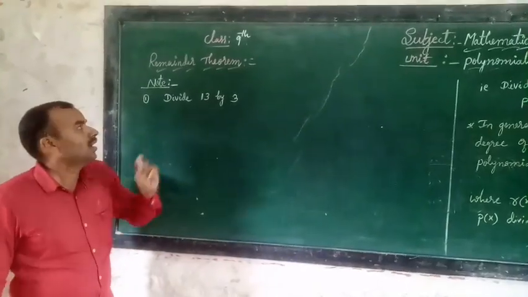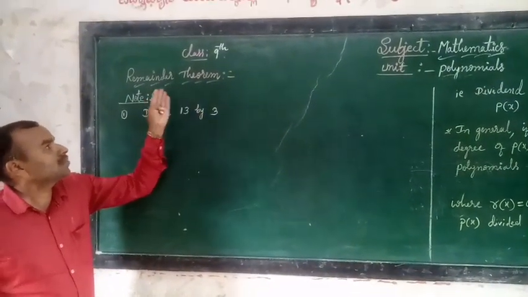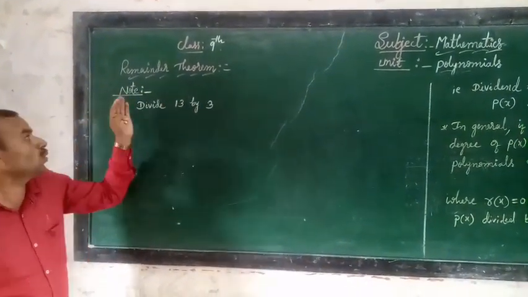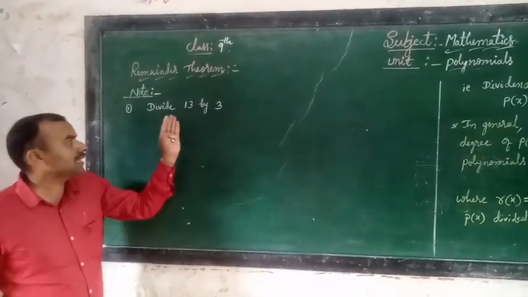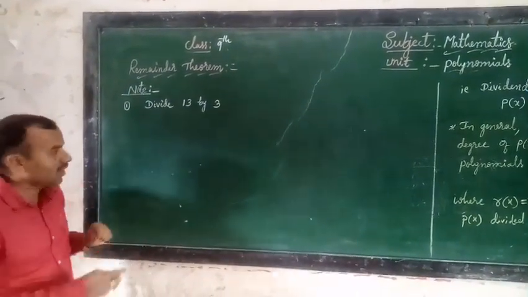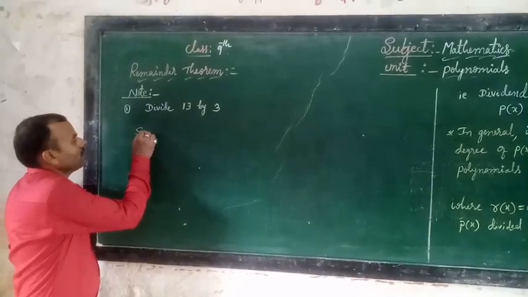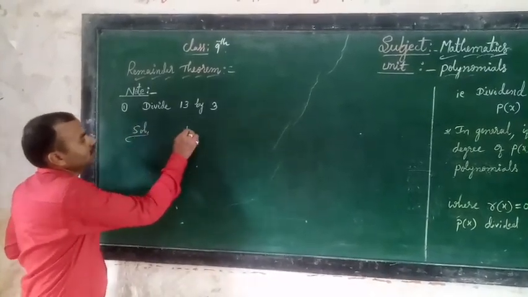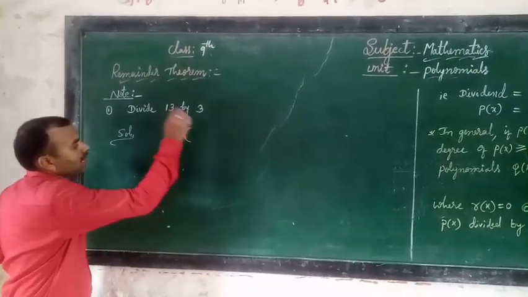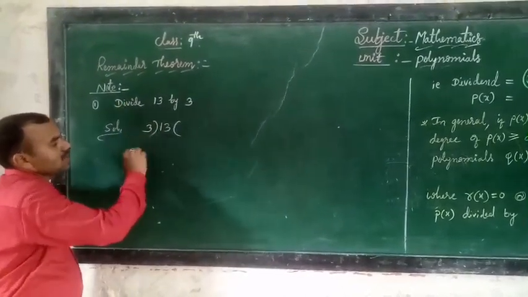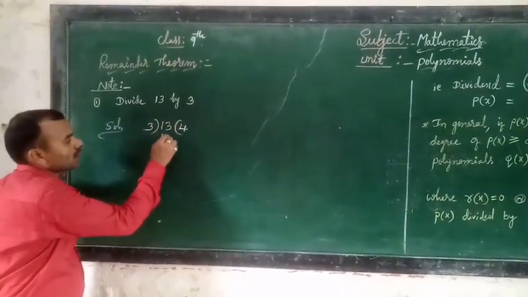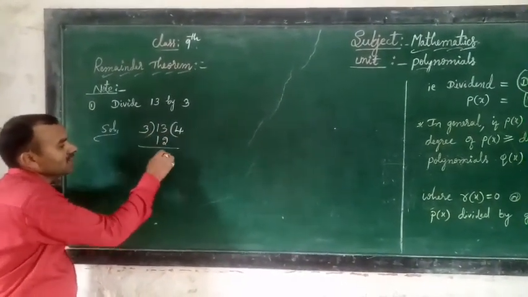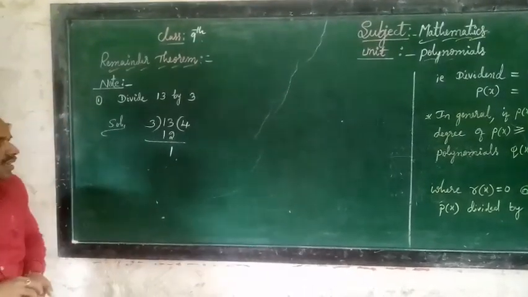Dear students, before going to the remainder theorem, we take one note. Divide 13 by 3. 3 ones are 3, 3 fours are 12. Remainder is 1.